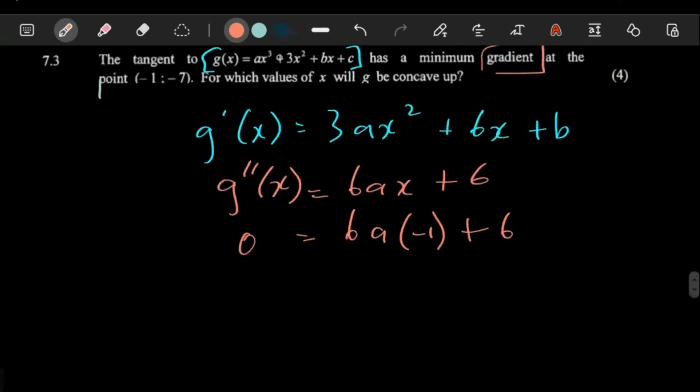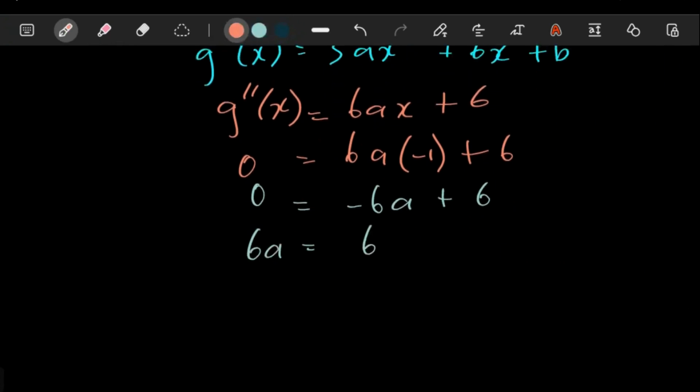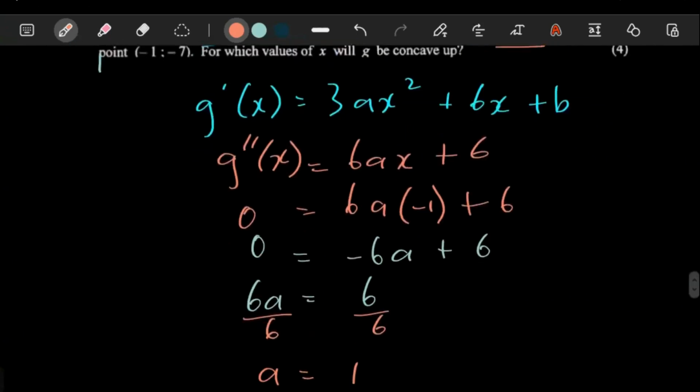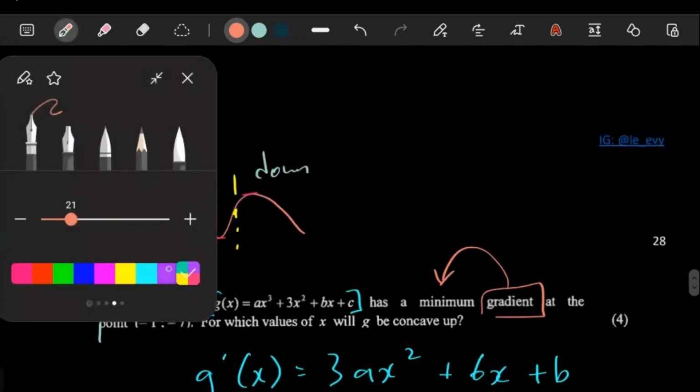So this is giving us a value of a. The reason why the value of a is useful is because as long as we know the value of a, we're able to determine whether the graph is concave up or down, you see. So the value of a here is a positive, you see. So a being a positive, it means that your value of a here is a 1. So as long as you have a value of a that's a 1, it means that you're dealing with like a positive gradient, you see.